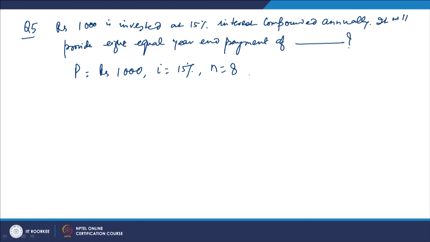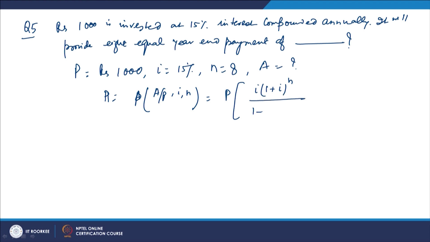So you have to find A. So, we know that P will be A multiplied by the factor, so A will be basically P multiplied by A by P I n. Now, as you know, A by P I n is this factor, basically given as I into (1 plus I) raised to the power n by (1 plus I) raised to the power n minus 1.